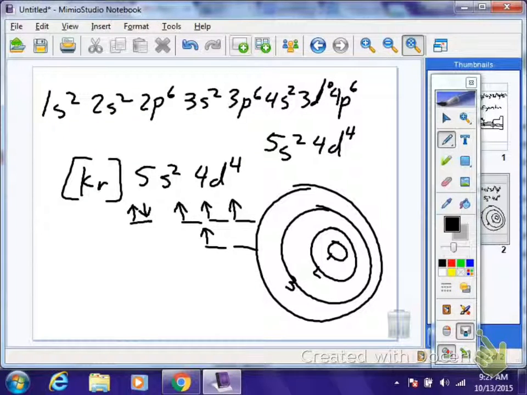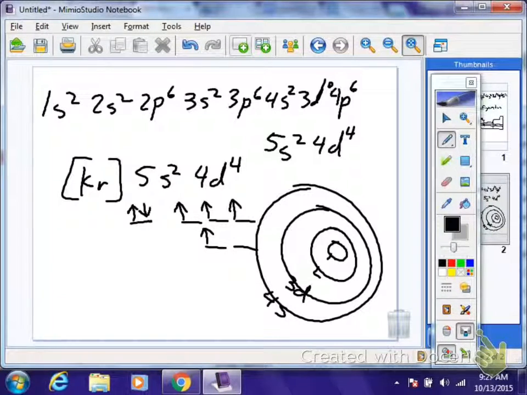And then where we're at this location, we're at 4s2 next, right? So we go 3p6, and now we're at 4s2. So we have to come out to the fourth shell to fill the S's. Then when the S's are filled, we go back and start filling the D's.